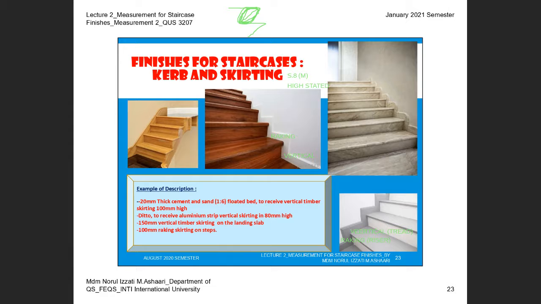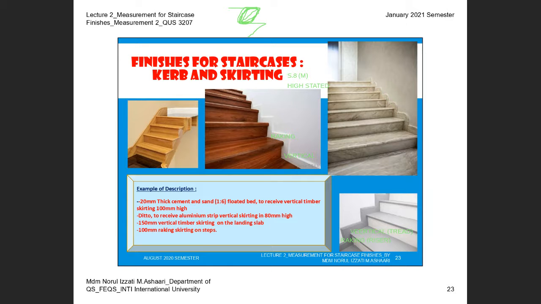Let's say you are measuring the vertical skirting. If you take the vertical skirting, you can take the length of the tread times the number of treads, and then you have to check if the skirting is available at your landing slab, then you have to find the perimeter of your landing slab.